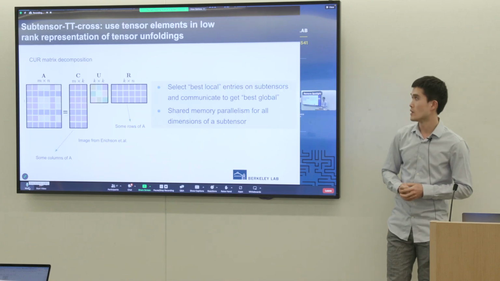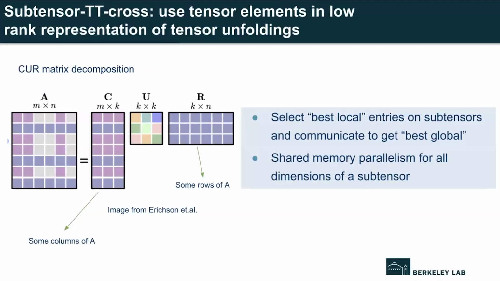The second algorithm is subtensor TT cross, which is built on the matrix CUR decomposition. In this decomposition for a matrix, we have the matrix A, and we want to build the low-rank decomposition such that we draw directly from the matrix A its columns and rows.